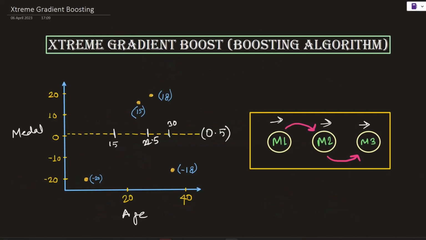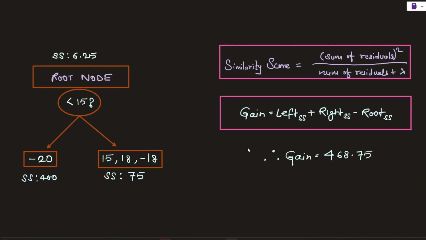So let's summarize quickly what we have done so far. When we are building an XGBoost model for regression, we calculate similarity scores and gain to determine how to split the data, the way we have done over here. Then, if required, we will prune the tree by calculating the difference between the gain and gamma term. We prune only if the difference is a negative value, otherwise we will not prune it.